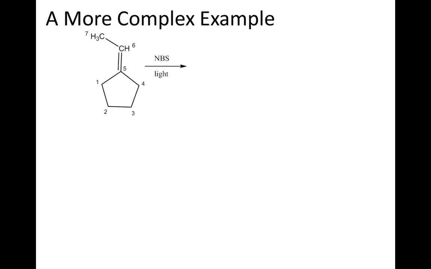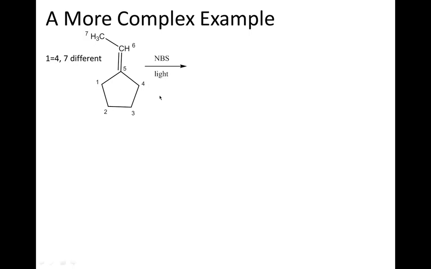Alright, let's try a little bit more complicated example. So we had also talked about this molecule. And remember, I said if we don't worry about the cis or trans thing, we have 2 different positions. The one on number 7 is different than the one on the ring.